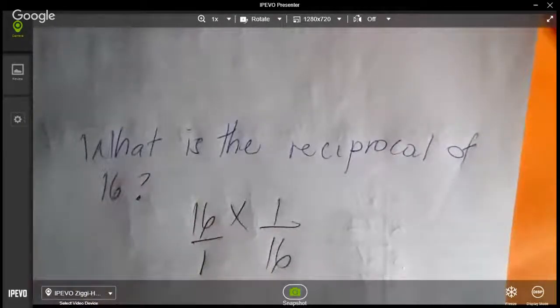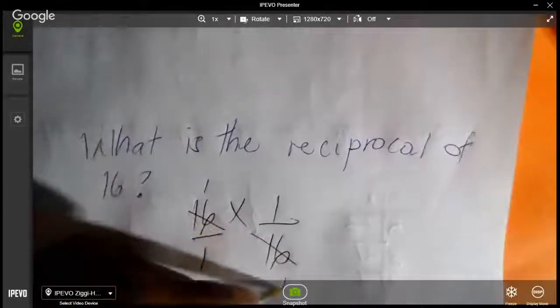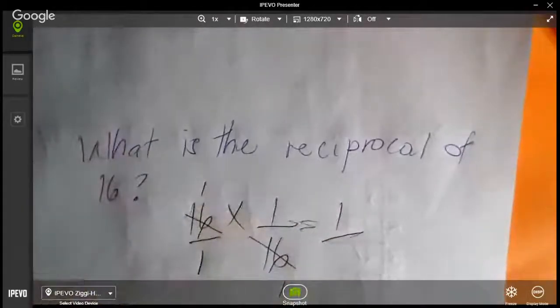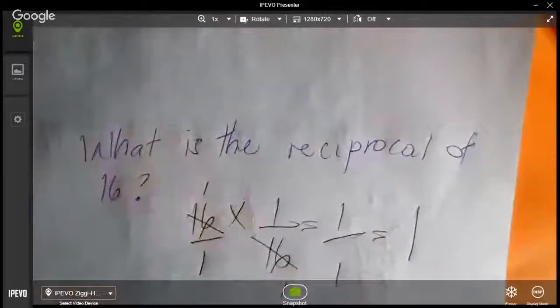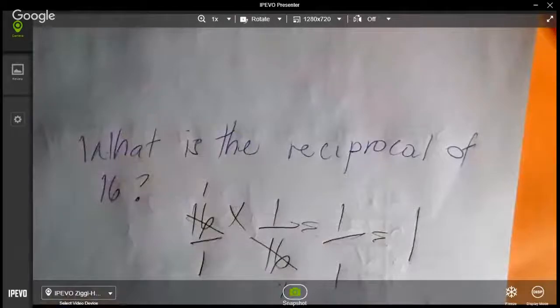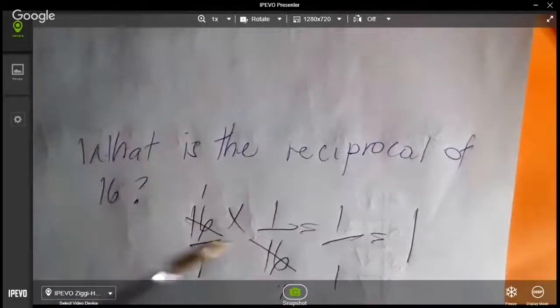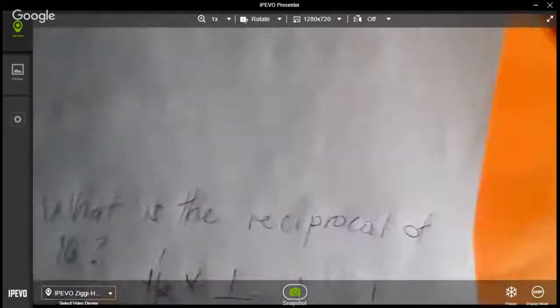Remember that the reciprocal, when we multiply it by the original number, we're supposed to get what? 1. 16 will cancel 16. 1 times 1, numerator by numerator, 1. Denominator by denominator, 1. Any number divided by 1 remains the same. So any number multiplied by its reciprocal will give us what? 1. So what is the reciprocal of 16? 1/16.